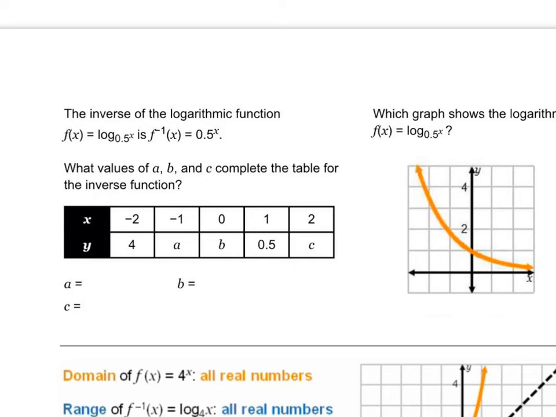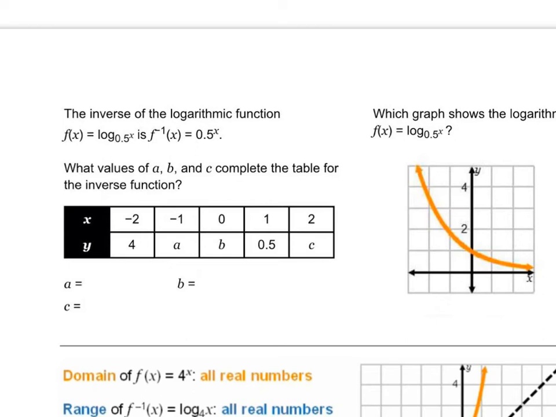It says that the inverse of a logarithmic function, here's your log function, would be the exponential function. It says what values of a, b, and c complete the table for the inverse function.